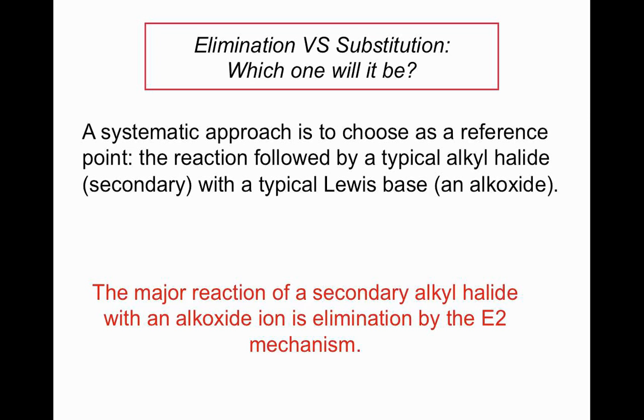We set this as our starting point, and then we compare if we manipulate any of the factors that we know favor elimination or substitution, how can we push the direction of the reaction one way or the other. But begin first by agreeing that the major reaction for a secondary alkyl halide with an alkoxide ion will be elimination via E2.